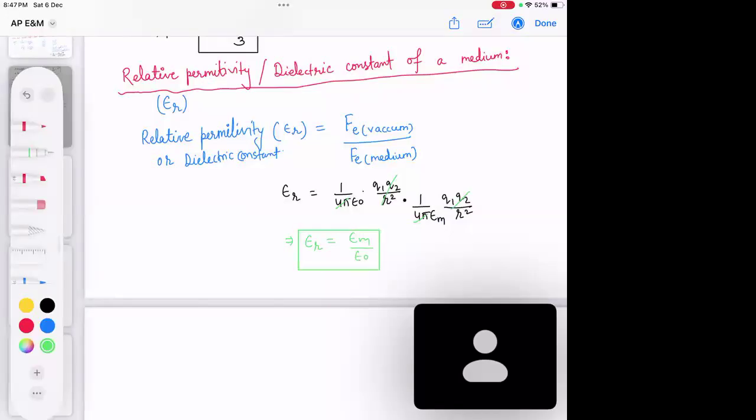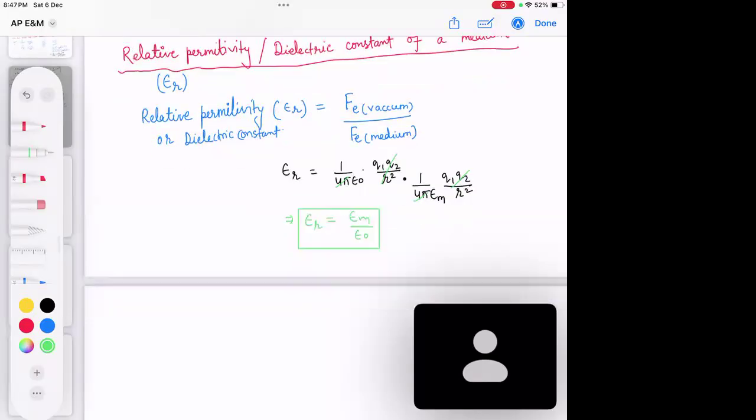So if we know the permittivity of vacuum, that ratio is called the relative permittivity, and epsilon of medium can be written as epsilon r times epsilon naught. Clear?